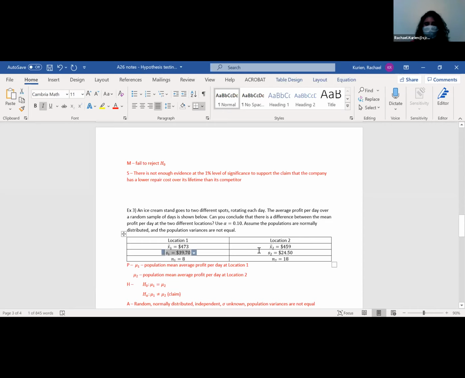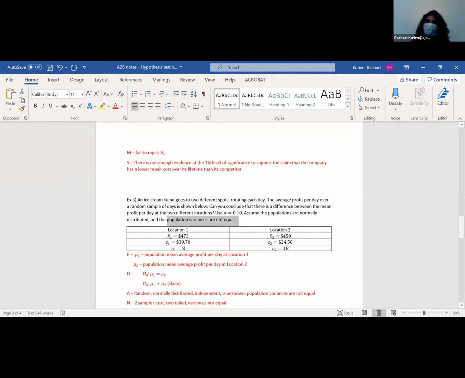Here it's giving you the sample standard deviation, so the population standard deviation is unknown. The s stands for sample. We don't know the population standard deviation. And the population variances are not equal. All right, so what test are we going to use? The 2-sample t-test, and it is 2-tailed. And just to reiterate, the population variances are not equal.